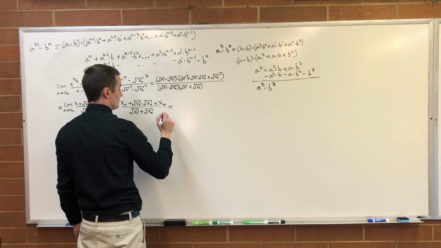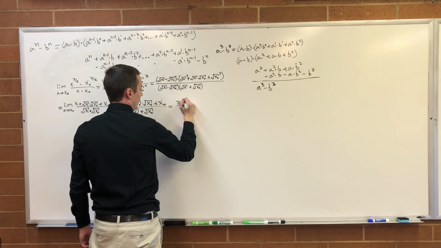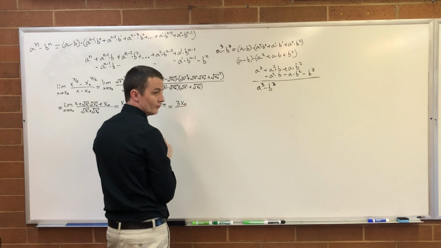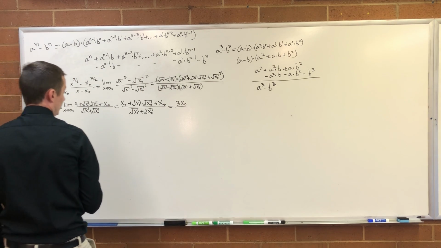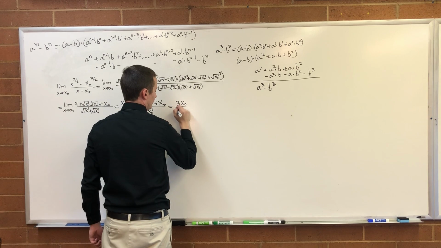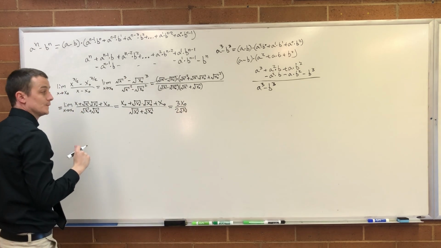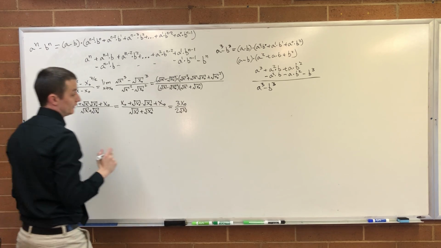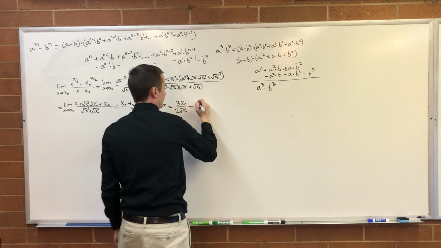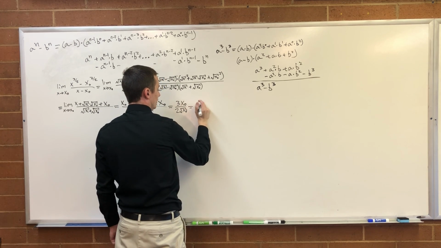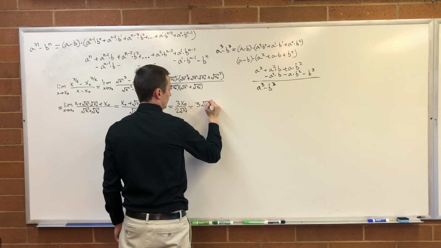So we have 3x naught in the numerator. And in the denominator, we have 2 square roots of x naught. Last thing we can do is cancel the square root of x naught out from top and bottom. So this is equal to 3 square roots of x naught over 2.